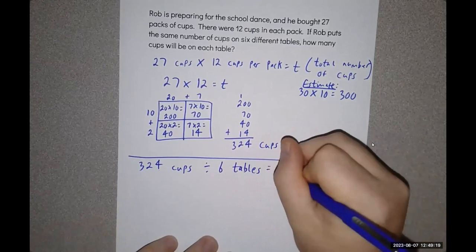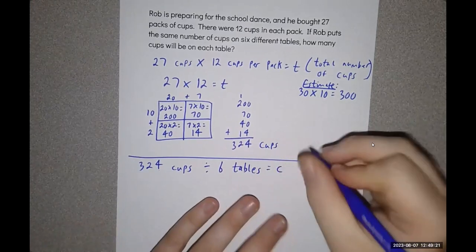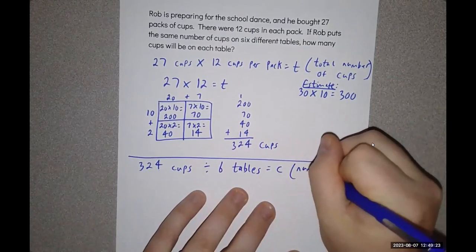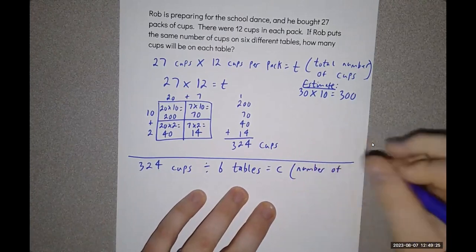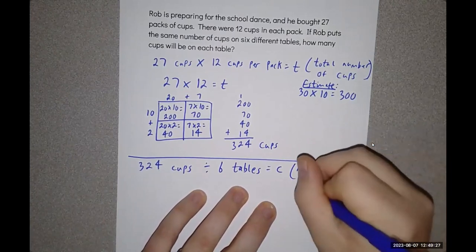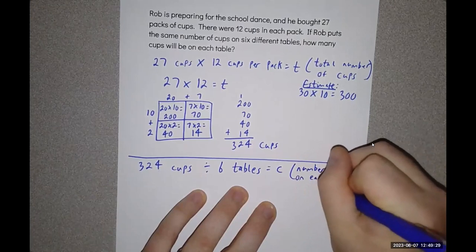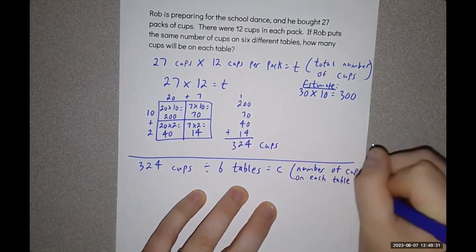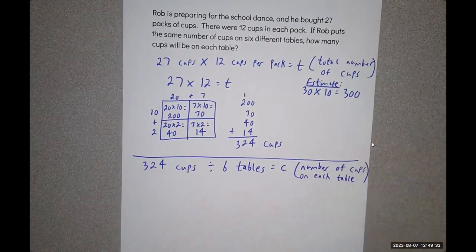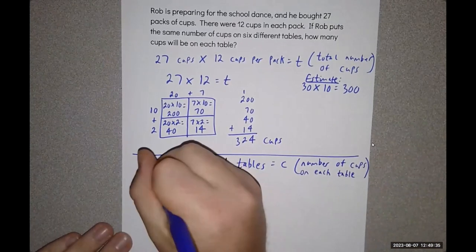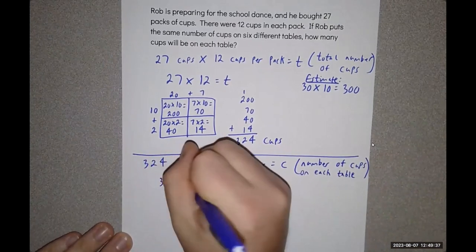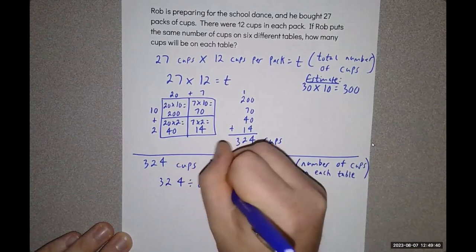And that's going to be filling in for C, which is the number of cups on each table. So our unknown is C, or the number of cups on each table. So that equation would be 324 divided by 6 equals C.